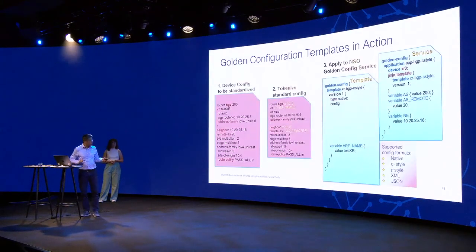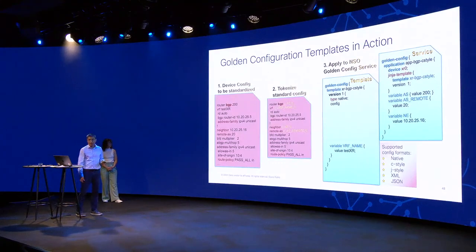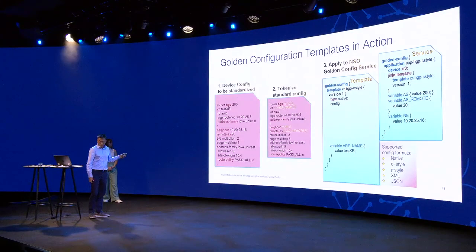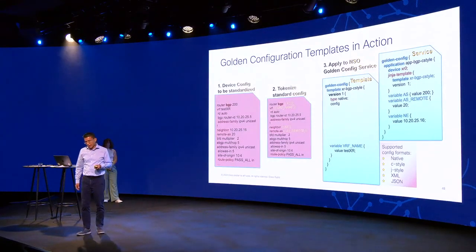So now let's talk about golden config in action. Where do you start? How do you make use of it? You start with the device config on the very first step. In this case, it is a BGP configuration, and it's a concrete run.